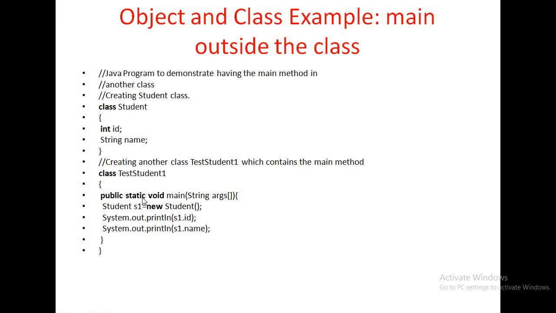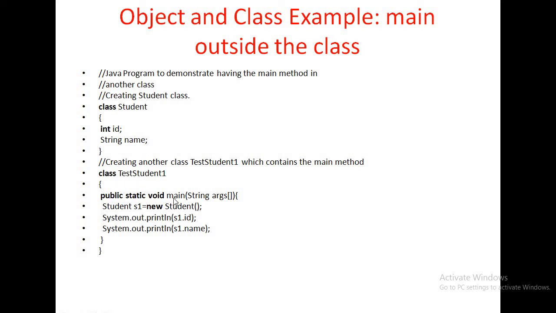I am declaring the main method in another class. I am declaring another class, TestStudent1. The name of the class is TestStudent1. See, this name contains multiple words, Test and Student, so every inner word must be capital. T must be capital because it is the first, and the inner word S must be capital.